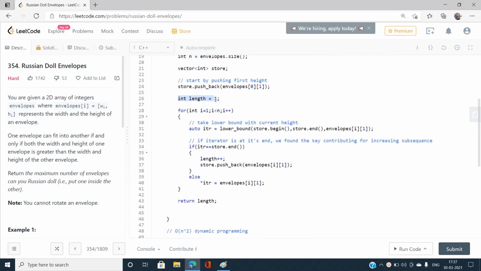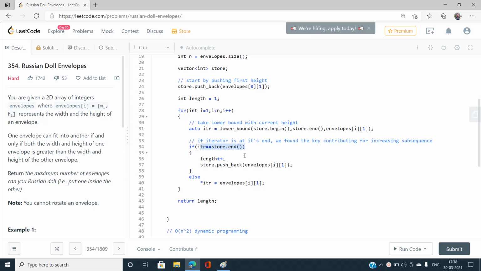And for every i starting from 1 to n, just take the lower bound of the second key, the height, in my increasing subsequence. I have taken an iterator, and if this iterator points at the end of my longest increasing subsequence, it means this element contributes to the subsequence, so I push the element and increase my answer by 1.